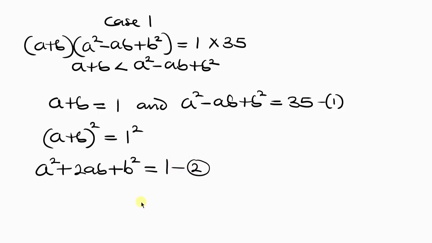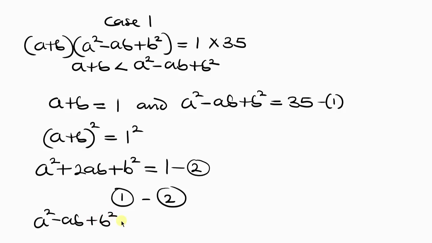Now what we're going to do here will be for us to subtract equation 2 from equation 1. And what is equation 1? Equation 1 is, the left-hand side is a squared minus ab plus b squared.